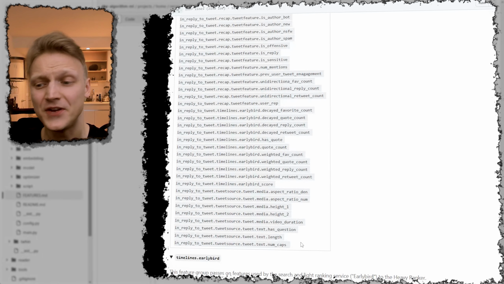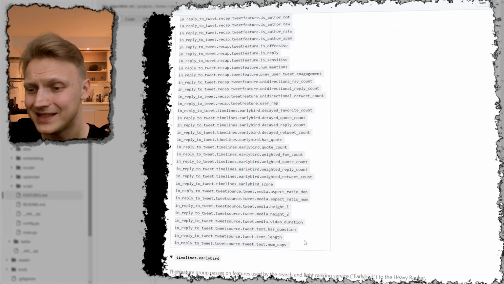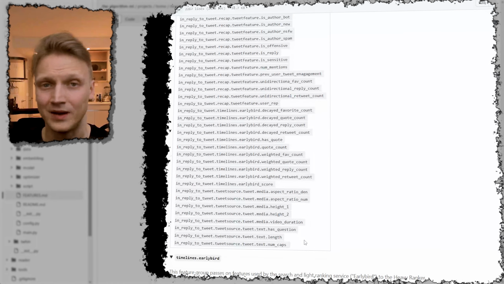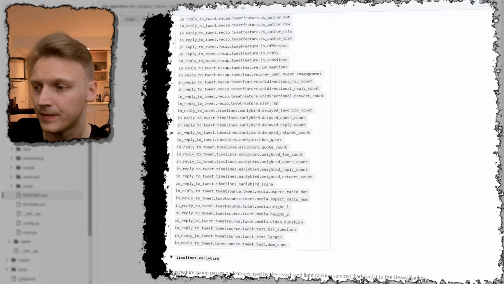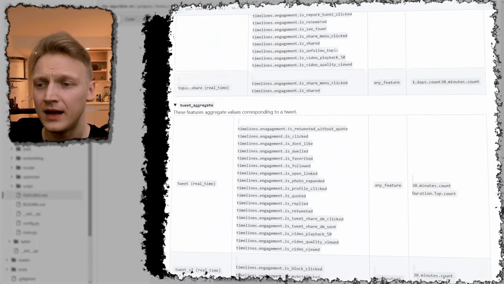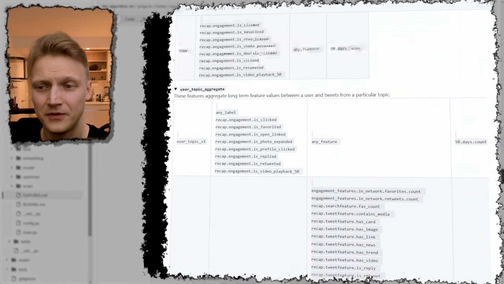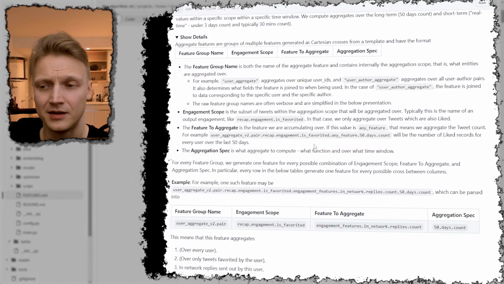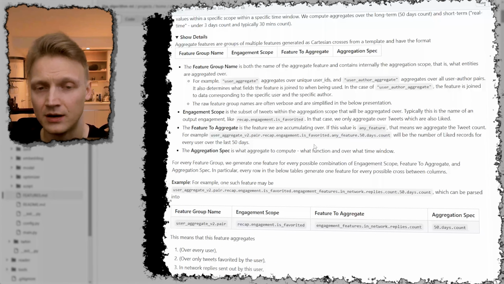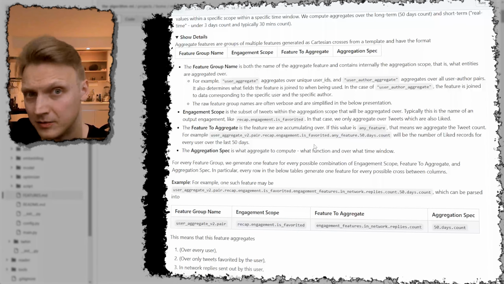Sometimes you can see features that would just mean typical properties of a tweet, such as whether one has media or a text of a particular length. And sometimes you can find some timeline or engagement metrics for the matter. And those are aggregated over a particular metric for various time spans for the model output accuracy.